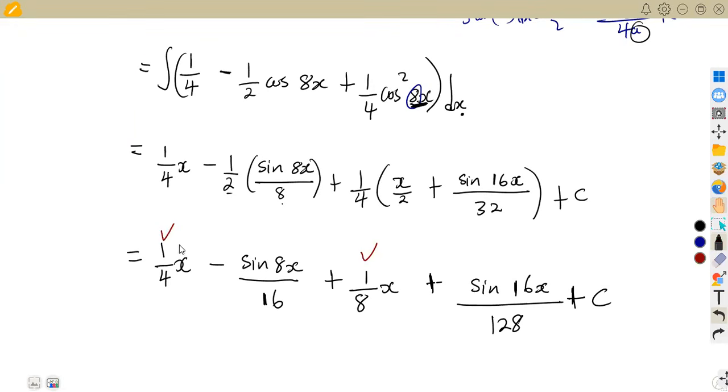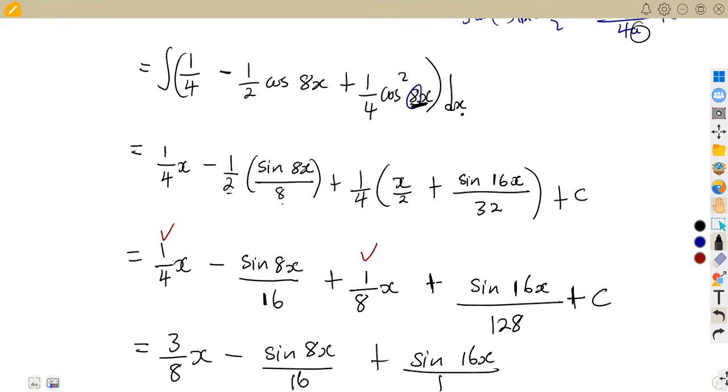So we combine 1 over 4 plus 1 over 8. If you add this on your calculator, it gives 3 over 8x, minus the sine of 8x over 16, plus the sine of 16x over 128, plus the constant of integration. That's how we could have integrated this whole part.